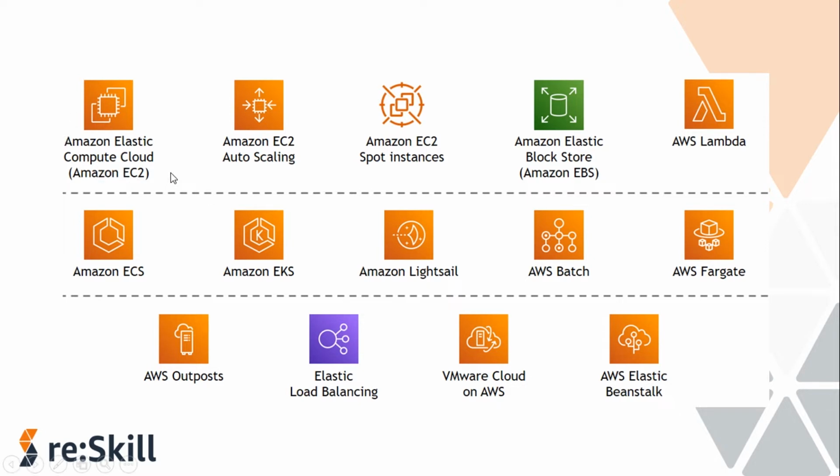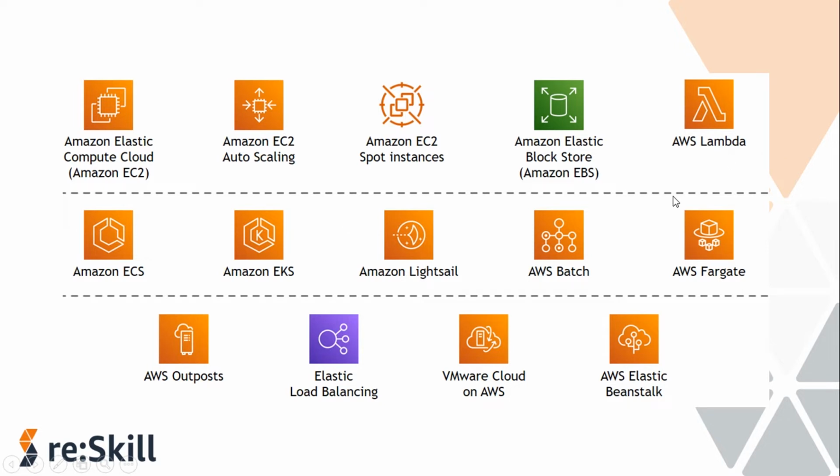If you want to run Docker-enabled applications packaged as containers across a cluster of EC2 instances, you can go for Amazon ECS, that is Amazon Elastic Container Service. If you want to run your own code using only milliseconds of compute resources in response to event-driven triggers in a serverless environment, you can go for AWS Lambda.